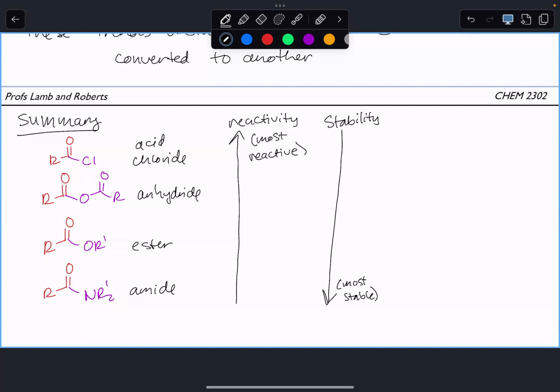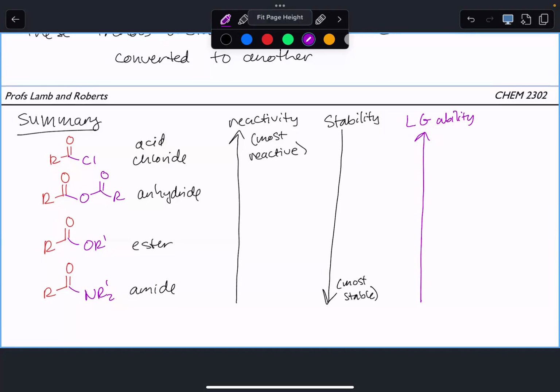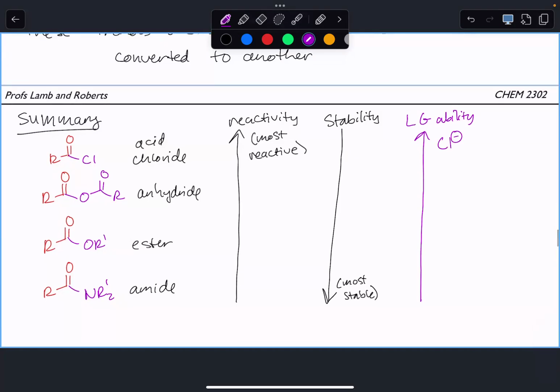Another way to think about this is as we go up this chart, we have leaving group ability, right? So like Cl minus is happier than our carboxylate, which is happier than an alkoxide, which is happier than an amide, right?